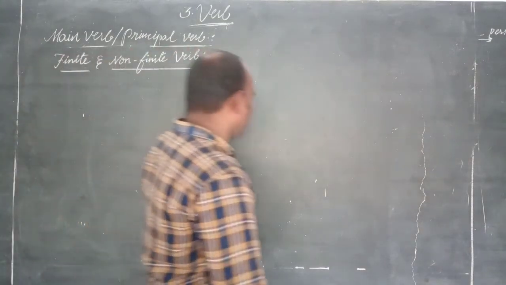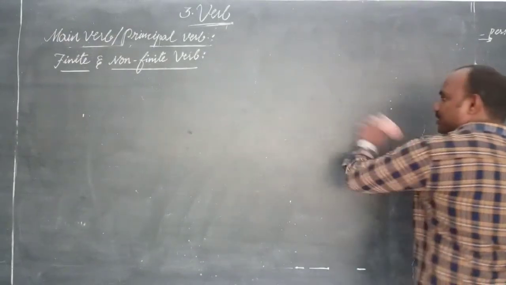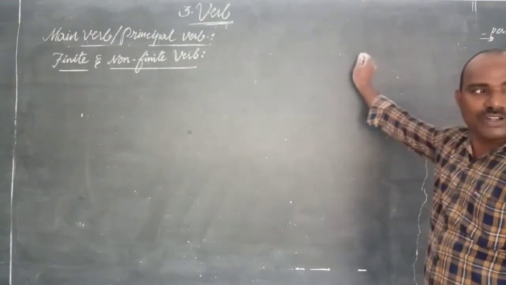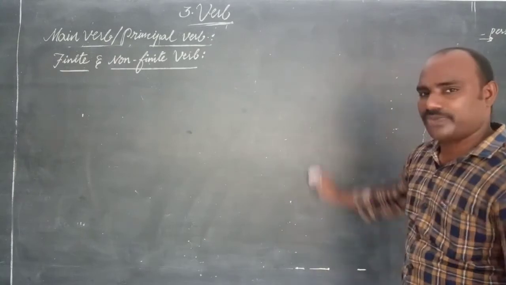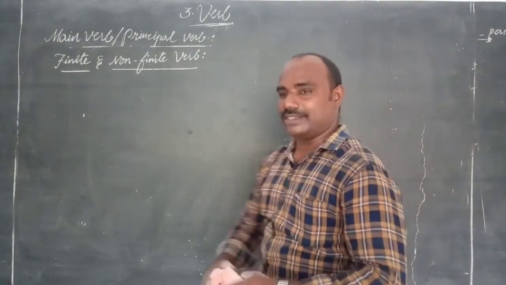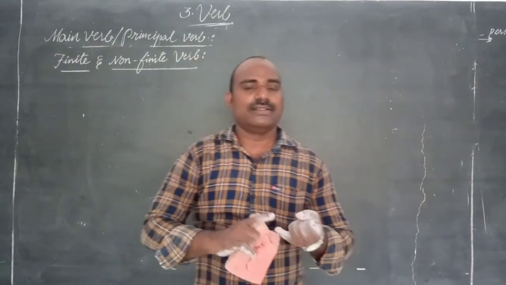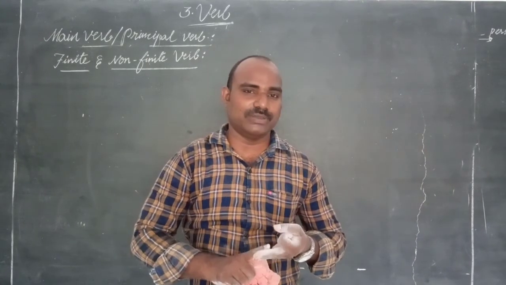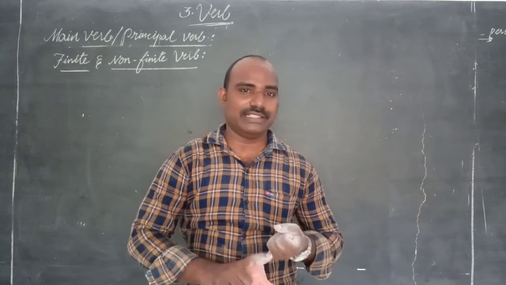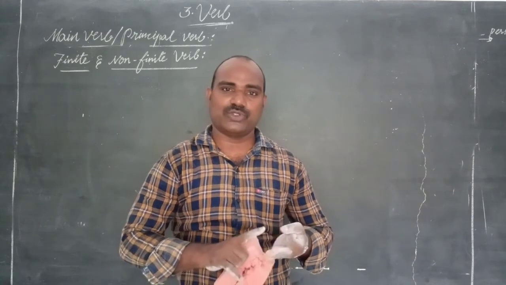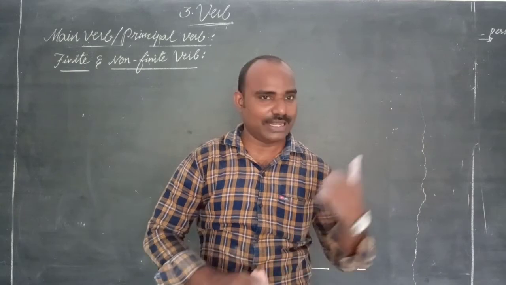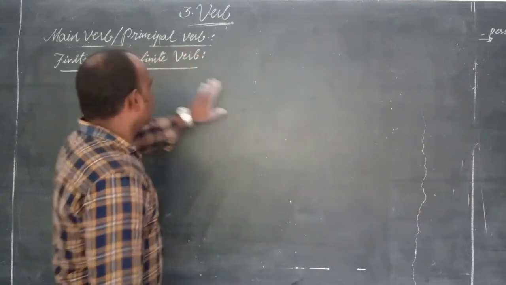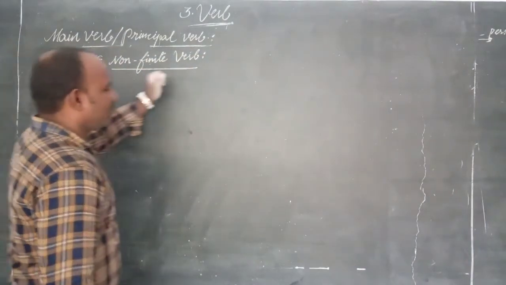This is the last subcategory of main verbs. What is a finite verb? What is a non-finite verb? Very easy. So far we have discussed regular verbs, weak verbs, irregular verbs, strong verbs, progressive, non-progressive, transitive and intransitive. Now we are going to learn this topic, finite verb and non-finite verb.